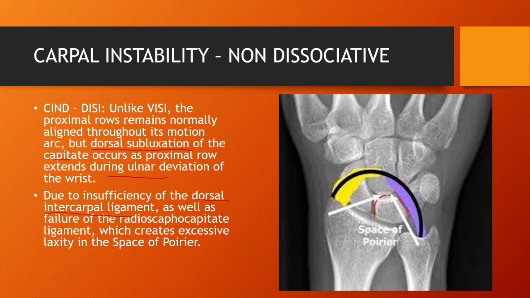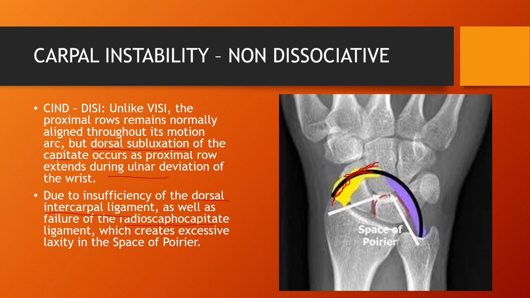In addition, there's failure of the long radioscaphocapitate ligament, which now spans both articulations between the radiocarpal articulation and the midcarpal articulation, and failure of this radioscaphocapitate ligament right through here. Here's the radius bone, the scaphoid bone, and the capitate bone.